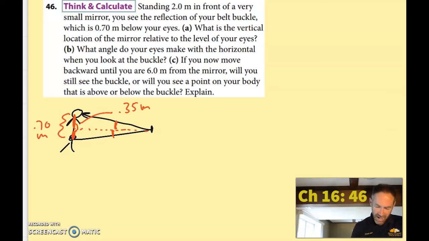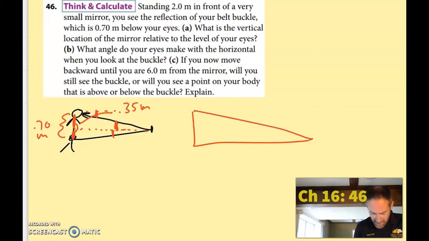Okay, now it says, what angle do your eyes make with the horizontal when you look at the buckle? So you have to look at the buckle, you have to look down a little bit. Here's horizontal for your eyes, and they're asking for this angle right here. It happens to be the same size as that angle of reflection. So let me draw the triangle over a little bit. So there it is. This side is 0.35. It said you were 2 meters from the mirror.